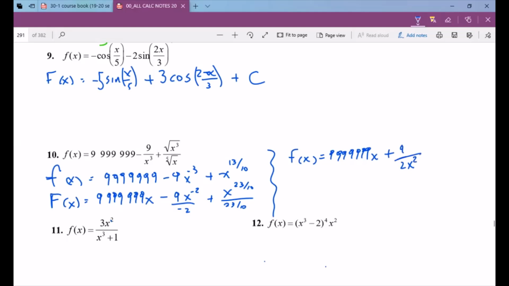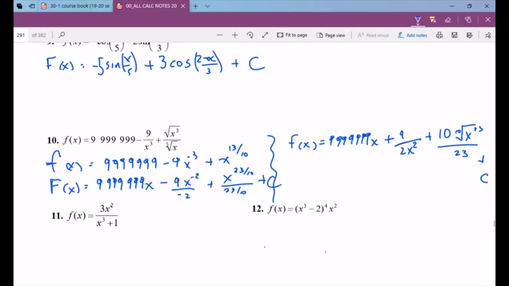Call it 9 over 2x squared. And then this last one is going to be 10 times 10th root of x to the 23, all over 23. Let's see.